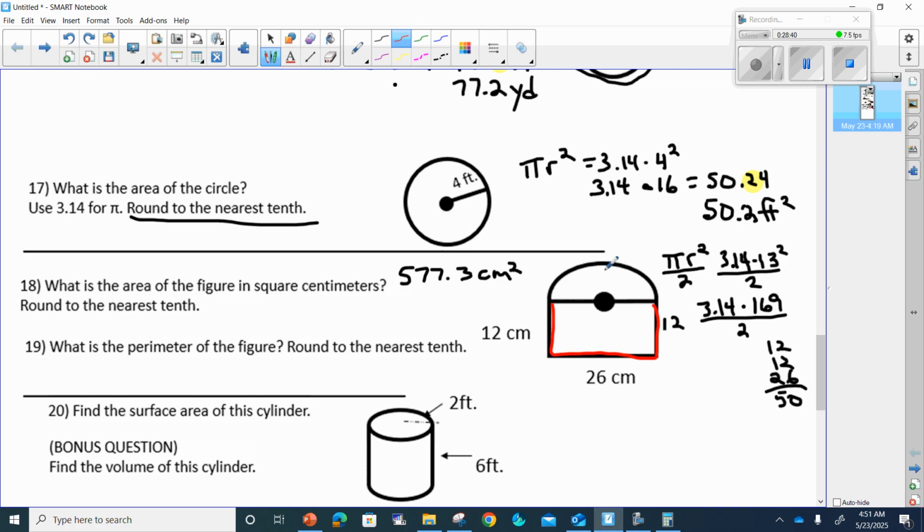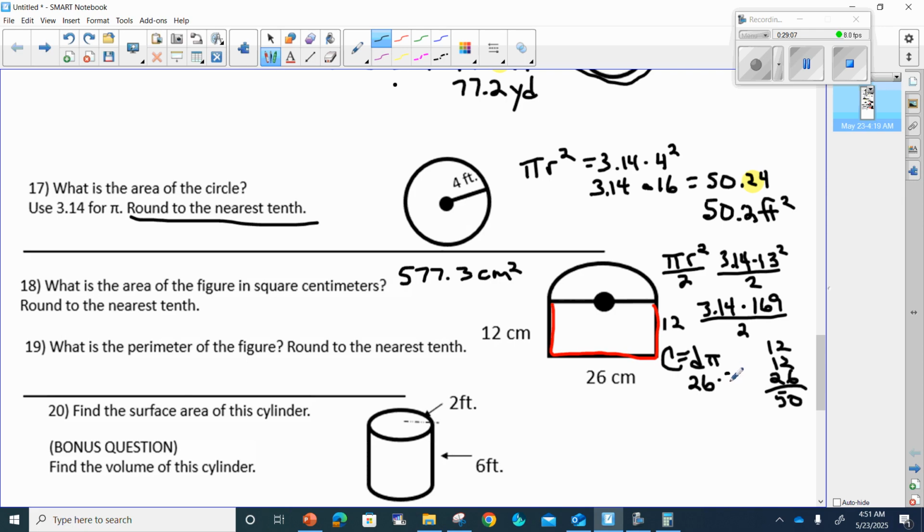Now we have to find how long it is around half of a circle. I remember the circumference formula was diameter times pi. So we could take diameter times pi and divide it by 2, since this is half a circle. The diameter is 26.